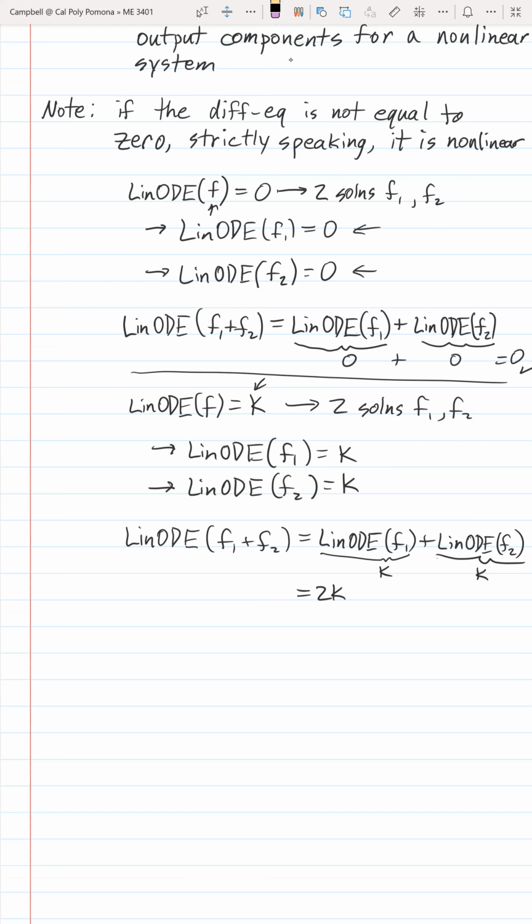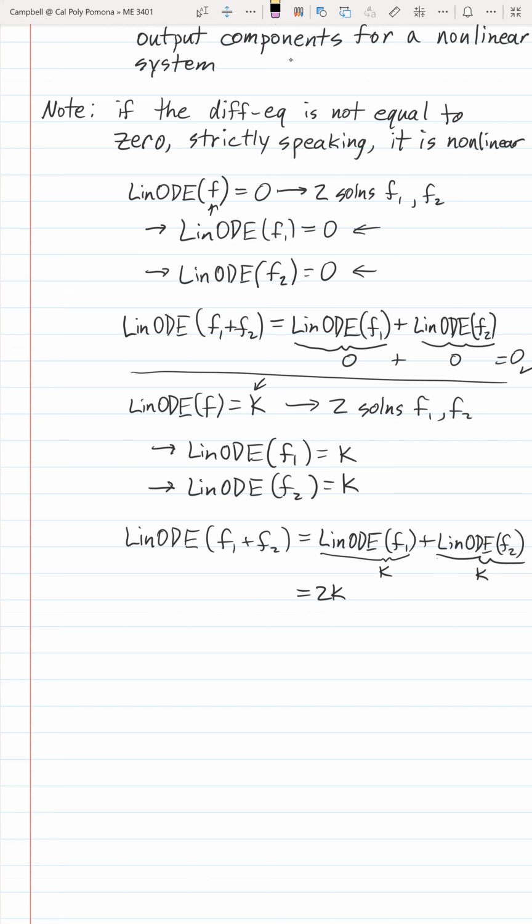So really the key here is to understand that this idea of linear, when we're talking about an ordinary differential equation, really only applies to the homogeneous case. It doesn't apply to the non-homogeneous cases.